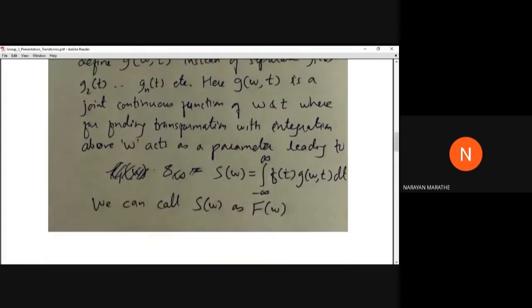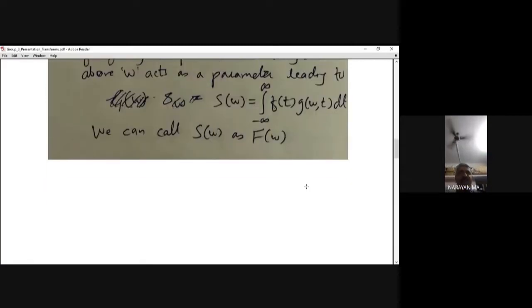So we can say S(omega) is the integral of f(t) g(omega, t) dt, and in that case we get S(omega) as a function of omega, or we can name S(omega) as F(omega). The important point which is stressed here is f(t) g(omega, t).